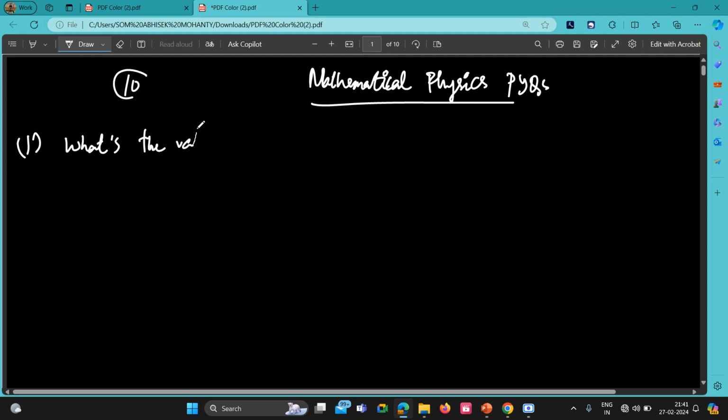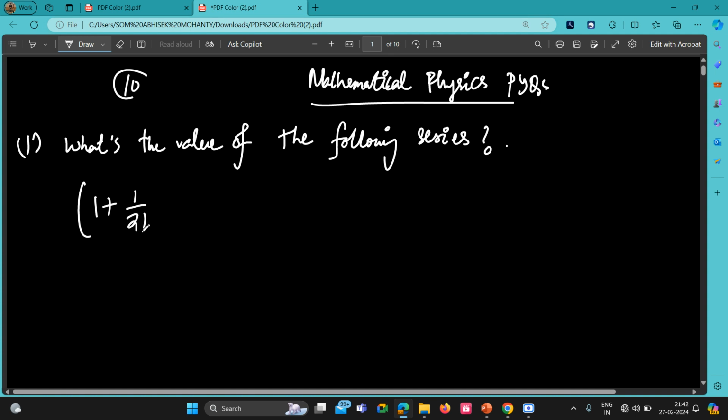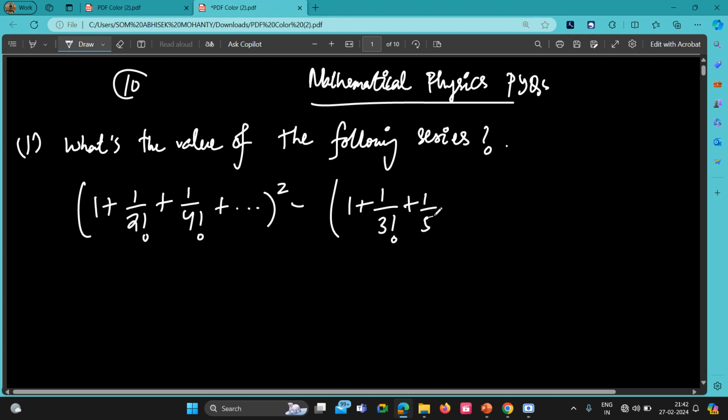What is the value of the following series? The series is (1 plus 1 by 2 factorial plus 1 by 4 factorial plus dot dot dot) whole square minus (1 plus 1 by 3 factorial plus 1 by 5 factorial plus dot dot dot) whole square.